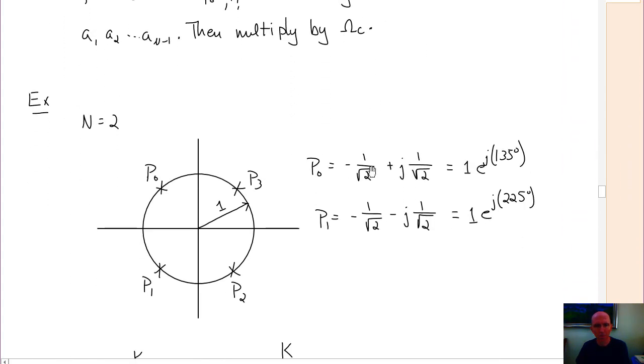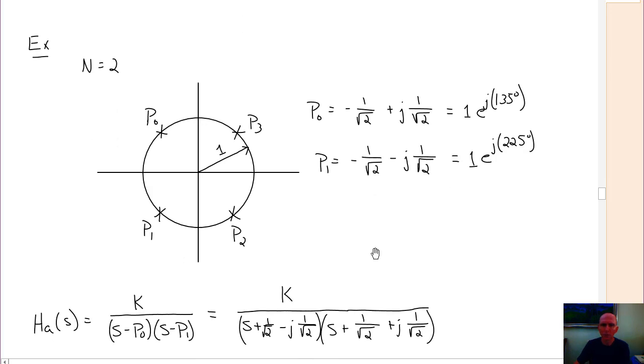Now, let's go through an example to see how this works. Let's say that we have n equal to 2, and we're going to choose omega c equal to 1. And so we have 4 poles, 2 poles for H_a(s), 2 poles for H_a(minus s). Now, where are these poles? Well, I know that the 360 degrees are divided equally between the 4 poles.